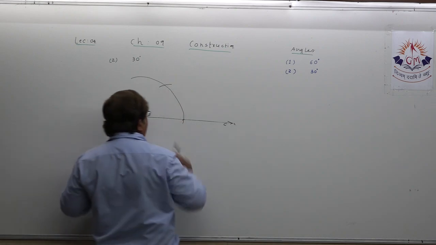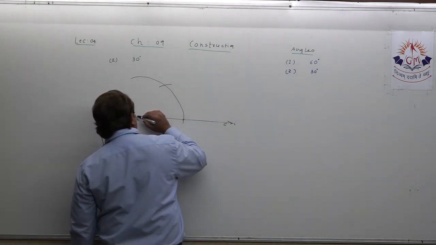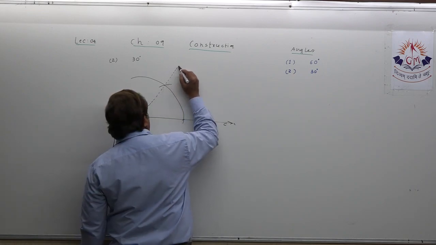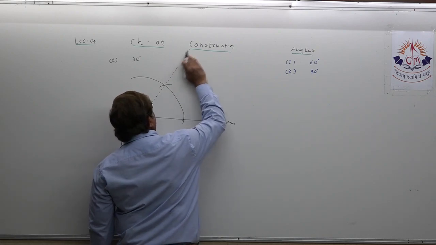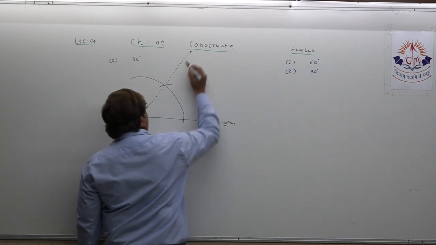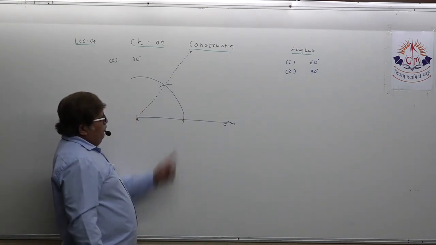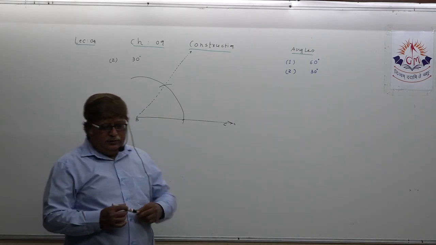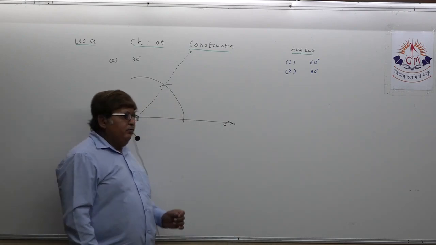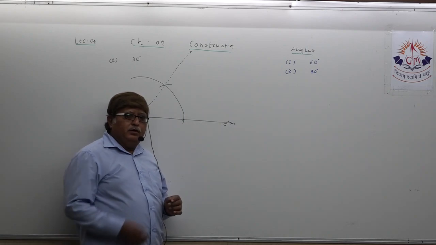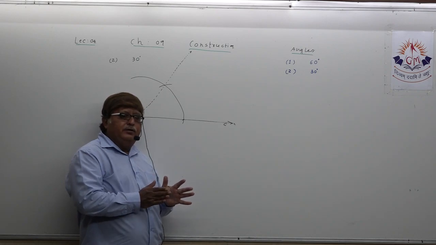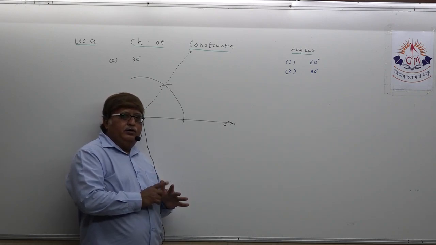But do not draw a solid line from this, just draw a dotted line, because our target is not 60 degrees, our target is to draw 30 degrees. Now this is actually an angle of 60 degrees, but we want to construct an angle of 30 degrees. For that purpose, this angle of 60 degrees has to be bisected.